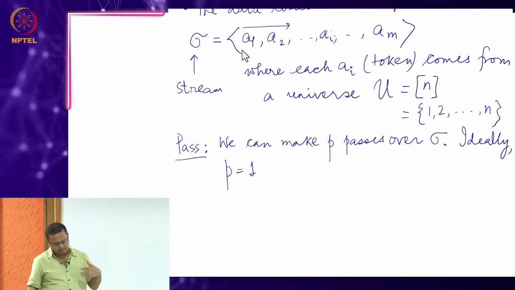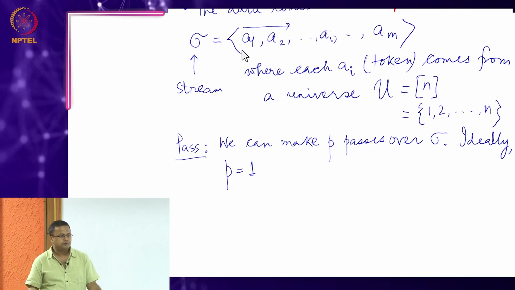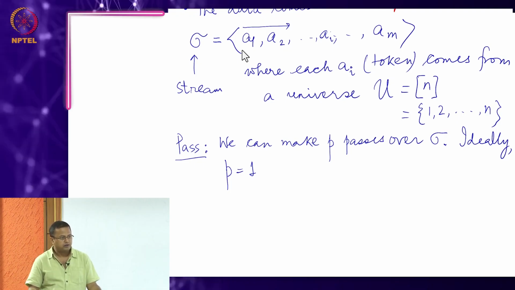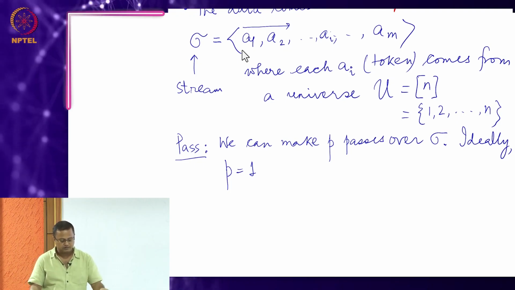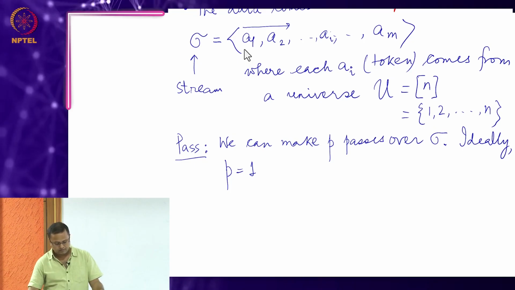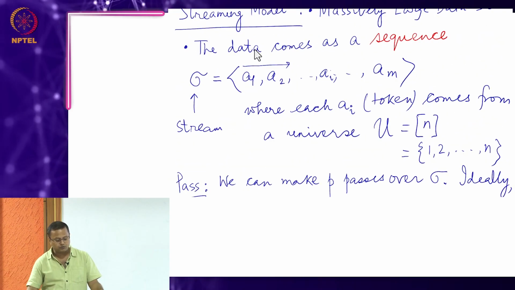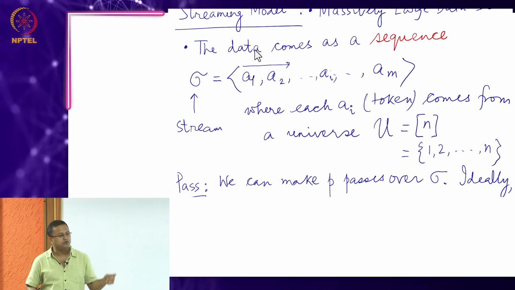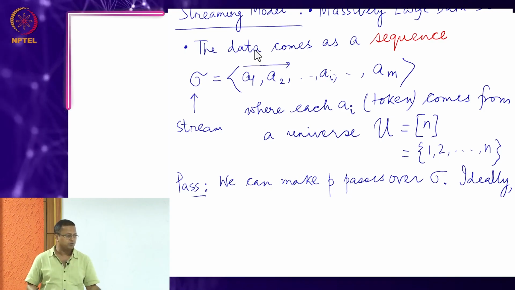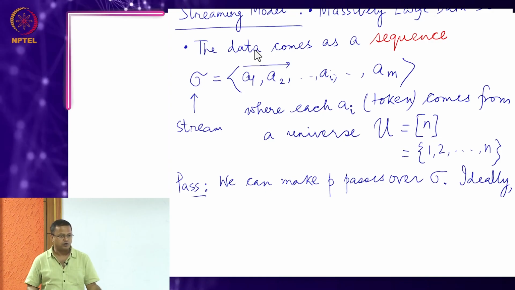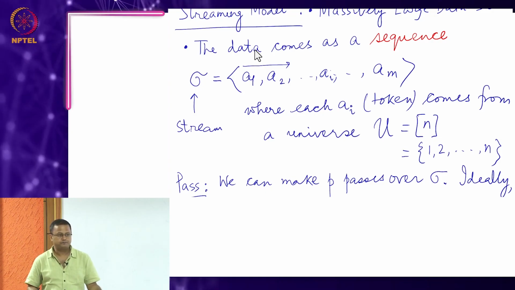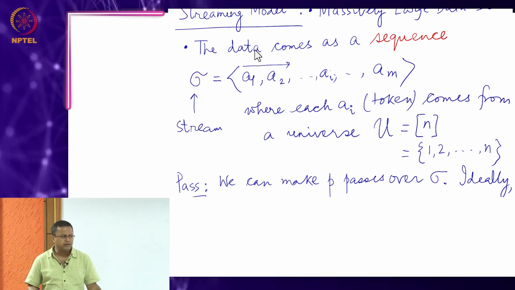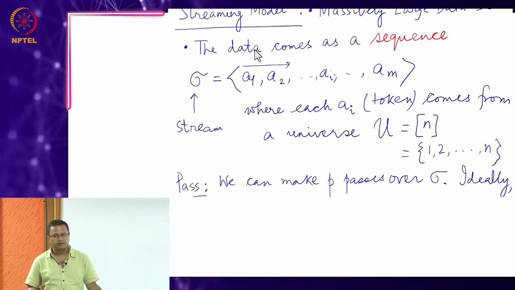There are multipass algorithms, where in the first pass you read the data as A1, A2, Ai, Am. In the second pass also you have to read the data in the same sequence. You cannot alter the sequence. Ideally, we would talk of single pass algorithms.